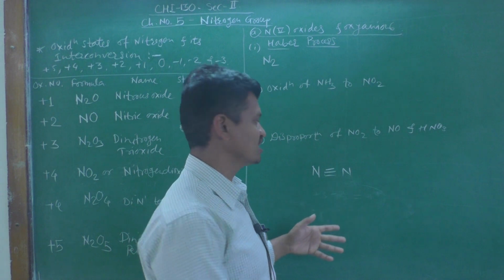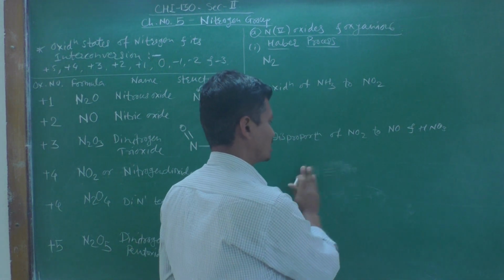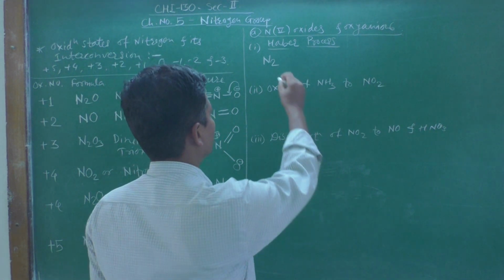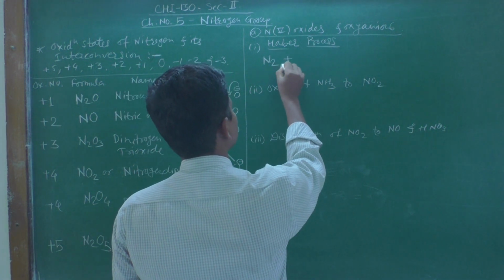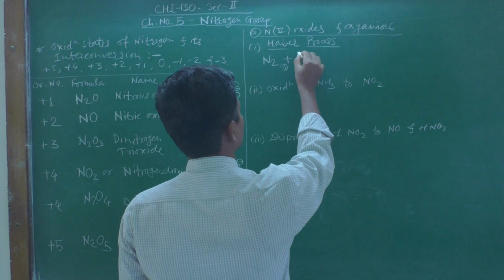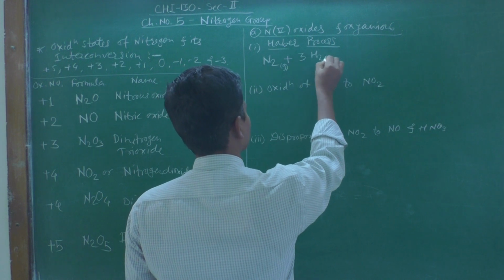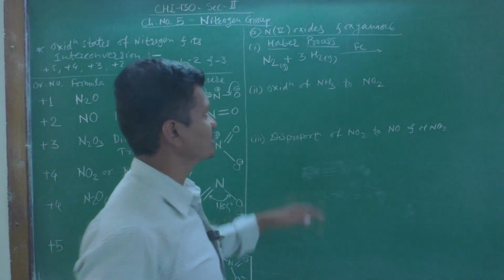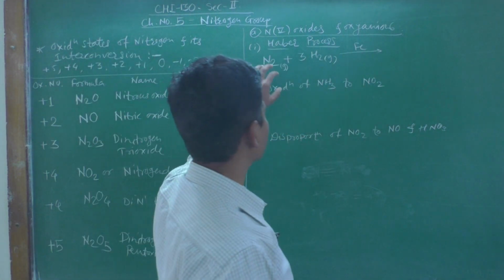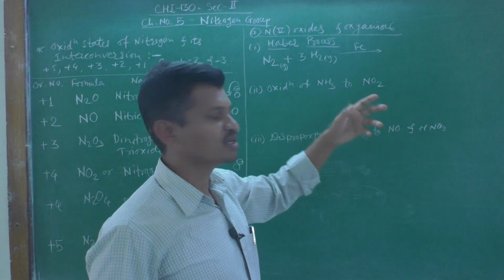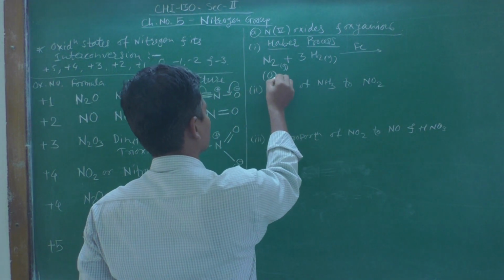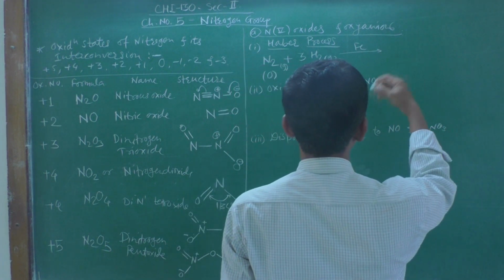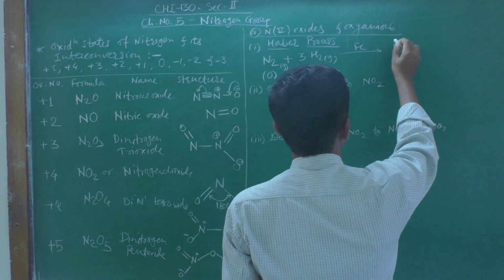So, we call this an inactive form, and we have to activate this inactive N2 by the Haber process, in which N2 gas, that is dinitrogen gas, reacts with hydrogen gas in the presence of an iron catalyst. This process, known as the Haber process, activates nitrogen from the 0 oxidation state to the -3 oxidation state, that is ammonia.